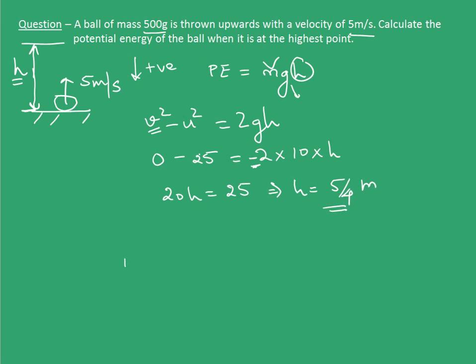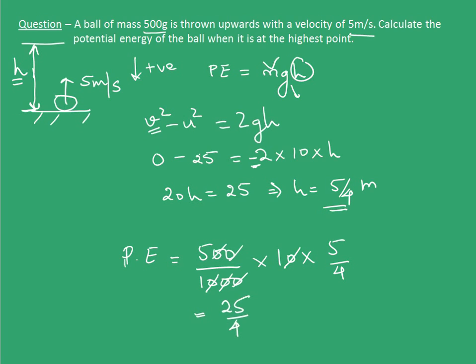Now I calculate the potential energy from this, which is mass 500 grams, converted into kg, g is 10 meters per second square, into height 5 divided by 4. I do some calculations and what I obtain is the potential energy of the ball is 25 upon 4 joules.